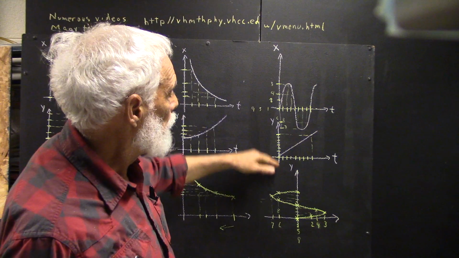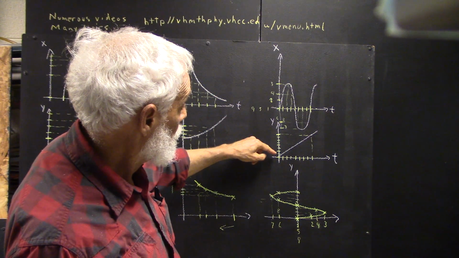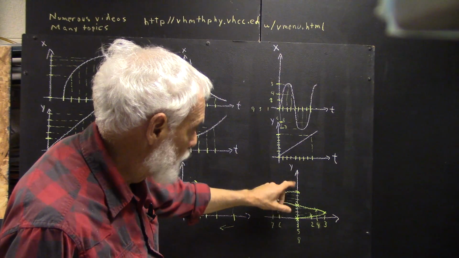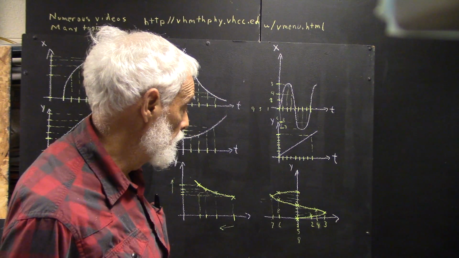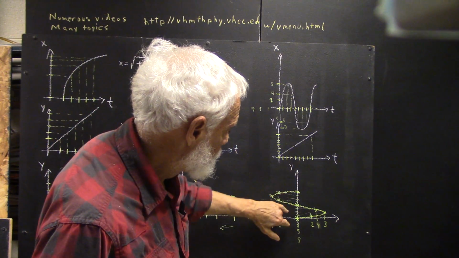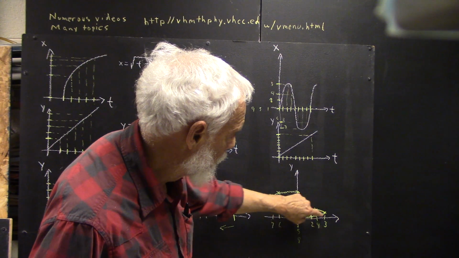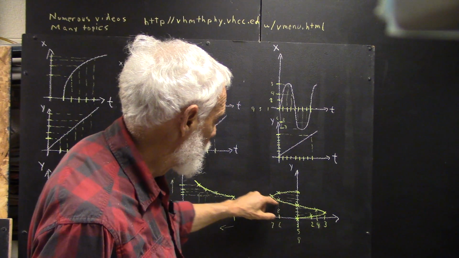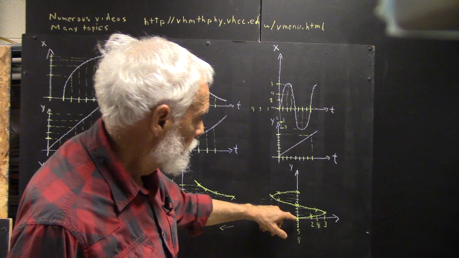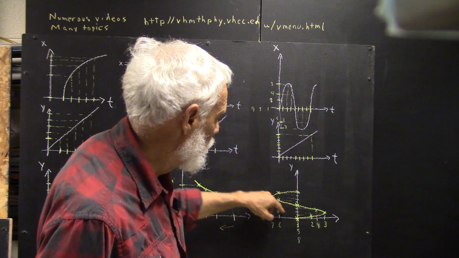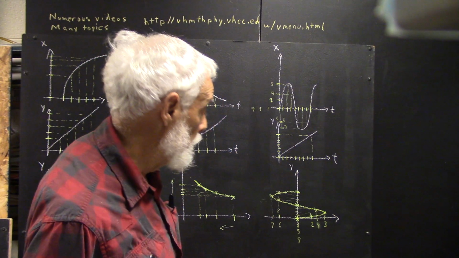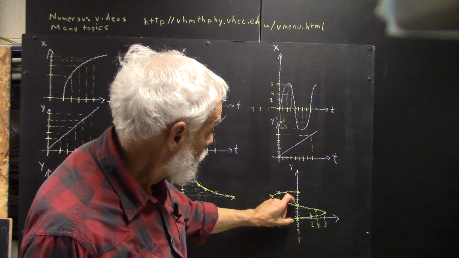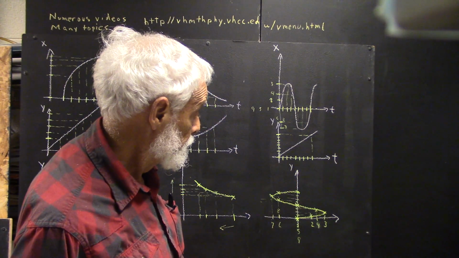Well, if y is concave up, these points are going to become more and more widely spaced, so that these points down here would be more and more widely spaced, which means that the part of the curve corresponding to this arch is going to be narrower than the part of the curve corresponding to this arch. So we get something that's narrower here and then gets fatter and comes all the way up here. Concave down, well, then this arch is going to be fatter than this arch.